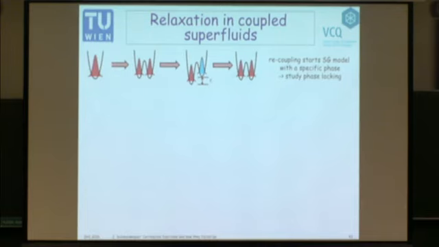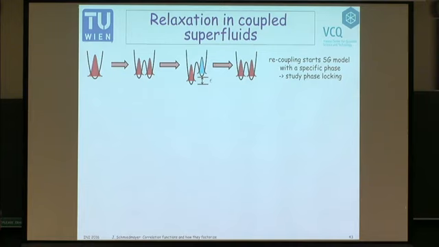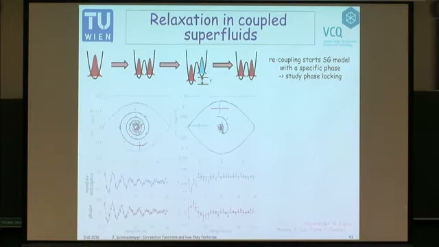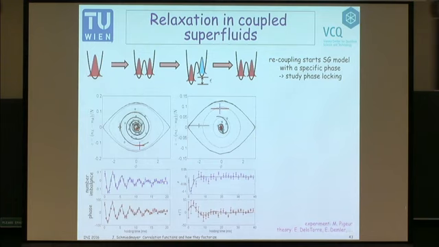The next thing is that we talked about the sine-Gordon model, and we looked at that. If you can initialize a sine-Gordon model with a specific phase difference, you can basically take a single well, split it coherently, add some phase difference, and connect it together. Then you would expect a nice Josephson oscillation.